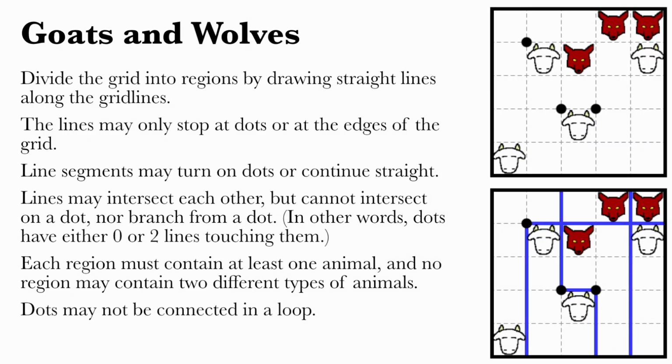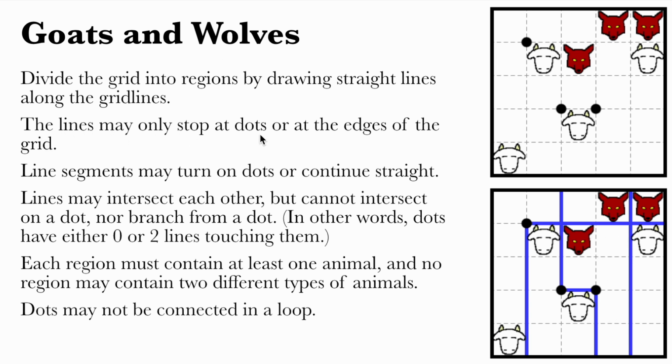Goats and Wolves is a puzzle in which we will divide the grid into regions by drawing straight lines along the grid lines. The grid lines here are dotted lines, and you can see we are drawing the straight lines, these blue lines, and separating things into what they're calling regions in the rules, but I also think of them as pens.